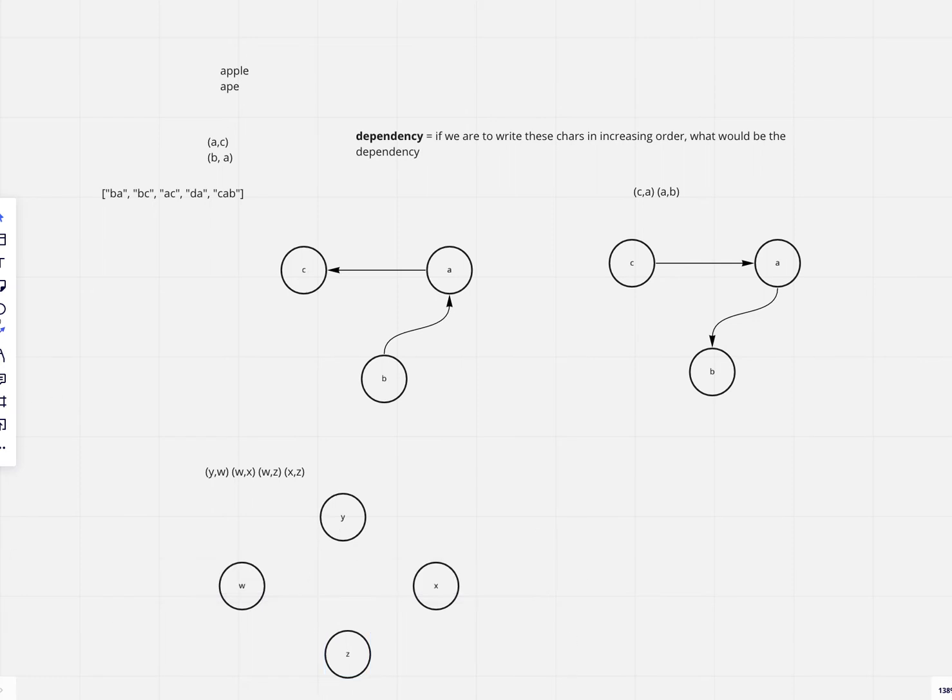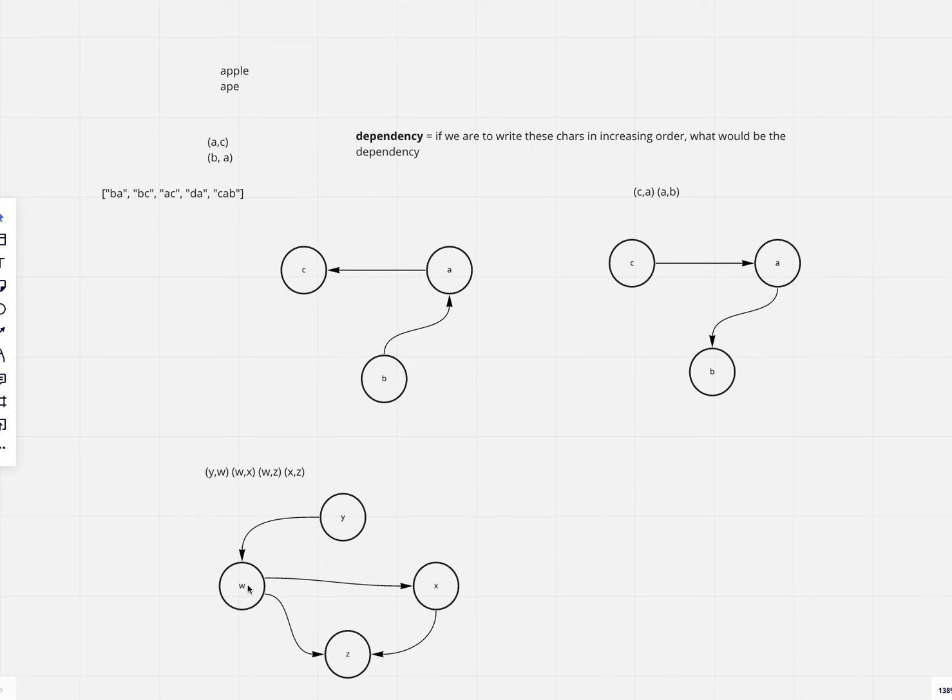And we have edges from Y to W and W to X, W to Z, and X to Z, right? Cool. So what would be the ordering here? We'll start with Y because there are no incoming edges.